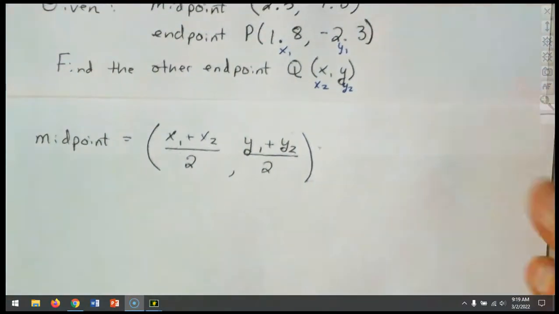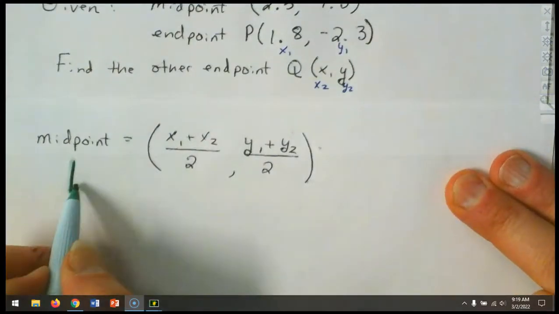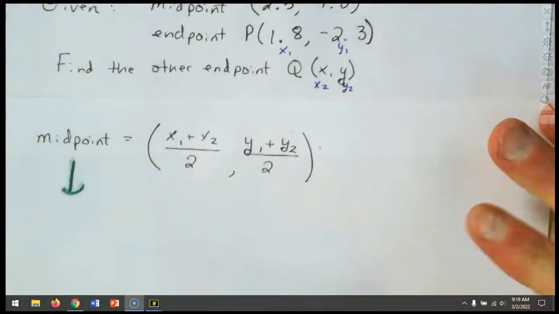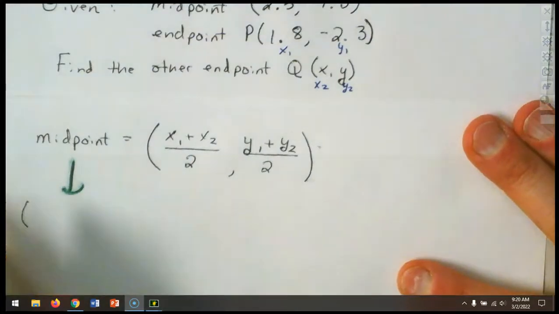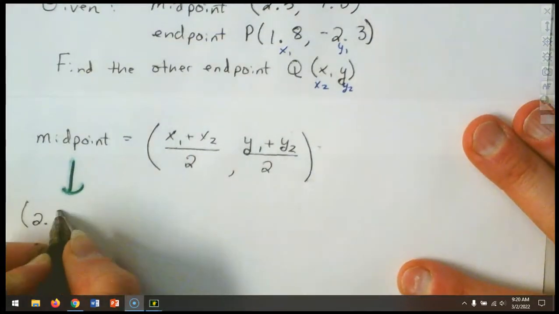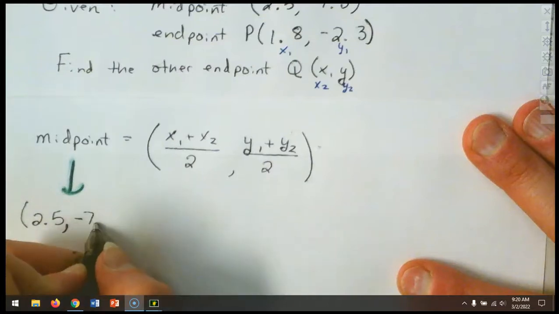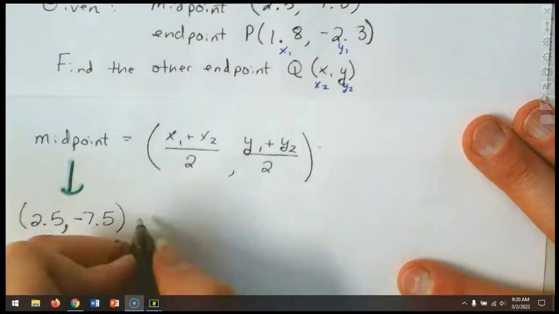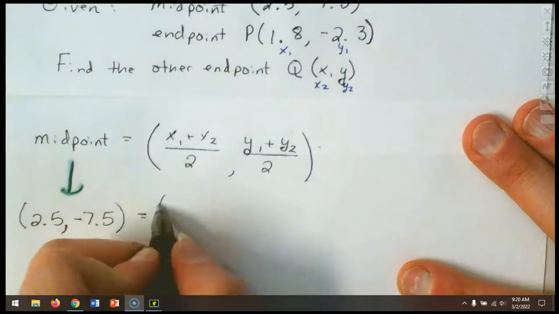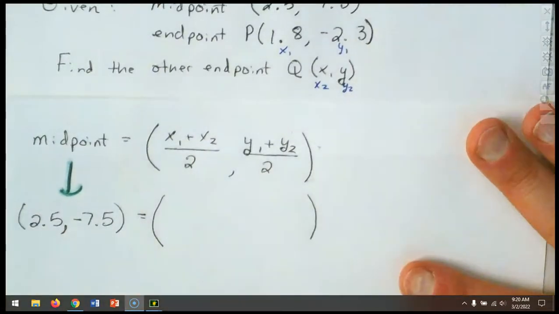Fill our pieces in. Begin with the midpoint here. And that midpoint is 2.5, comma, minus 7.5. And then we'll fill in the other side as well.